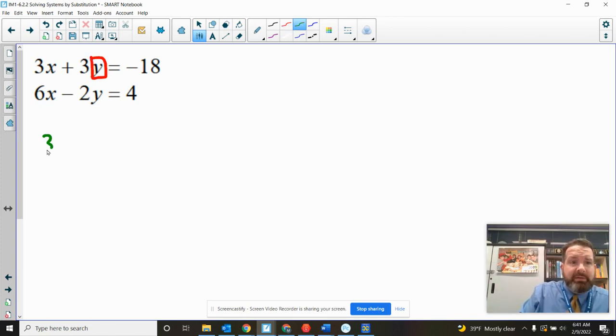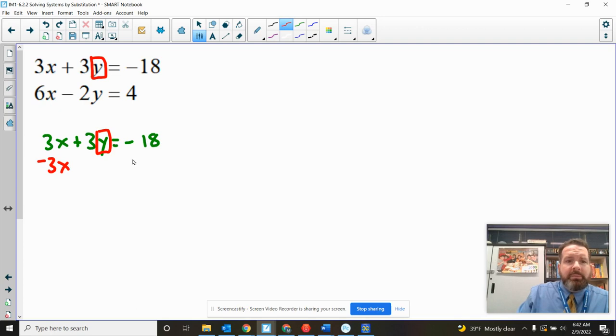So coming down here, my goal is to get this y by itself. To make that happen, I need to first move the x term over. So 3y equals -3x minus 18.